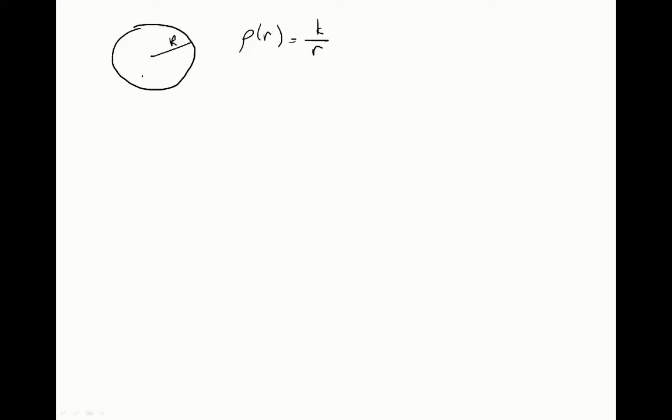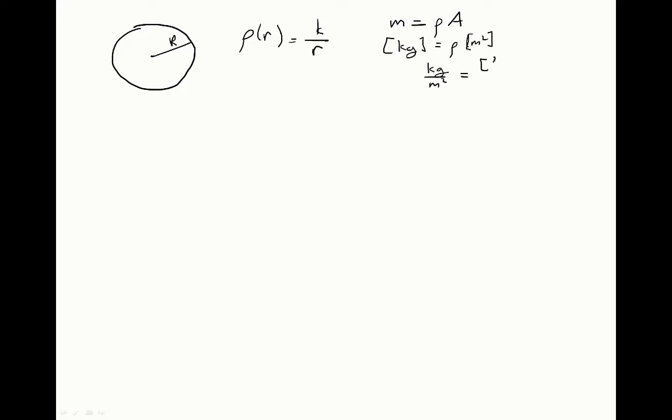Okay, so now I've given you a solid disk, radius r, but now the density is k over r. Here's something that'd be fun to think about. What are the units of k? I haven't actually worked this out, I'm just thinking about it now. Well, let's figure it out. Okay, random aside. If mass equals rho times an area, then rho has units of kilograms per meter squared.